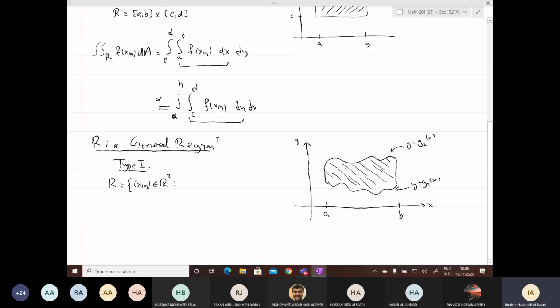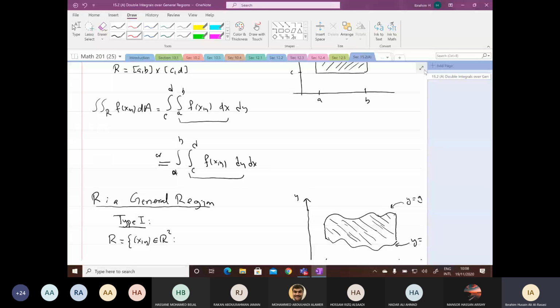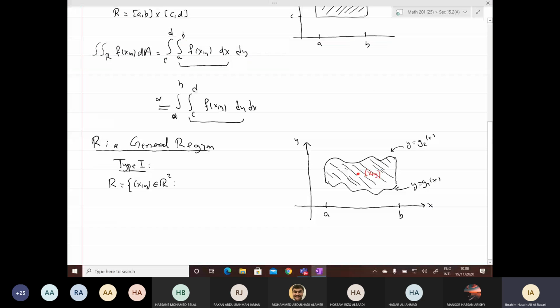To describe this region, you take an arbitrary point. I will choose an arbitrary point, for example, here. This is the point (x, y). For this point, what is x? Well, this is x.